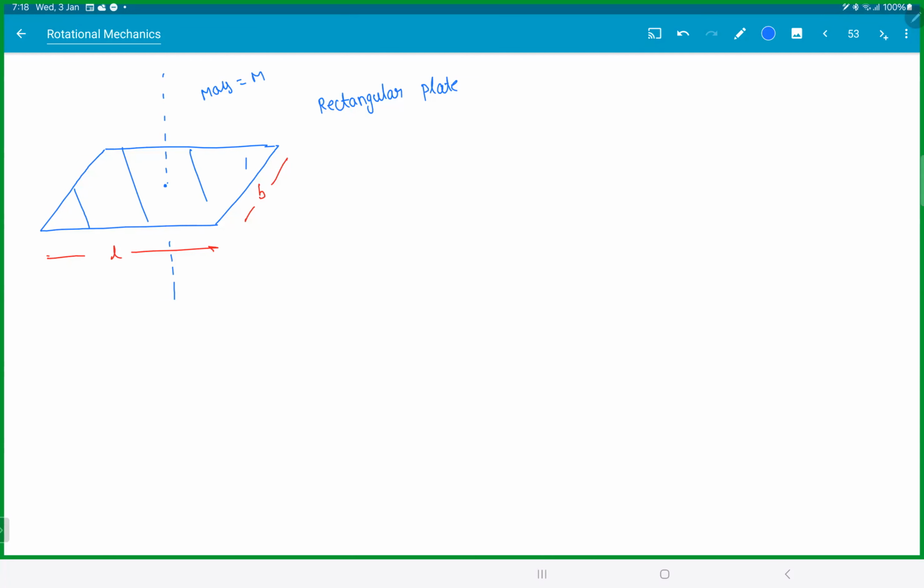Rectangular plate of length L and breadth B. Moment of inertia about the center. So I about center perpendicular to the plane. It won't be ml square by 12. PB आएगा इसमें. I know you know the result, but I'm more interested in how will you choose an element and solve. Try, take a minute or two.